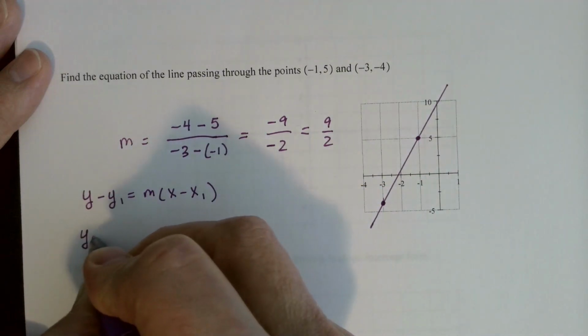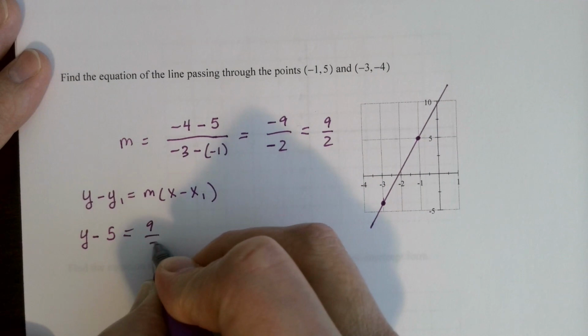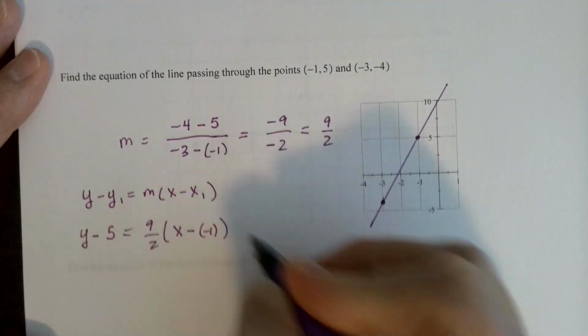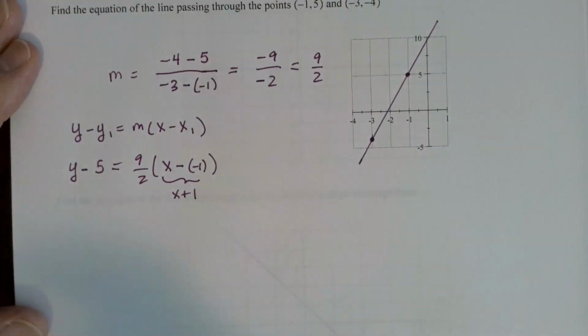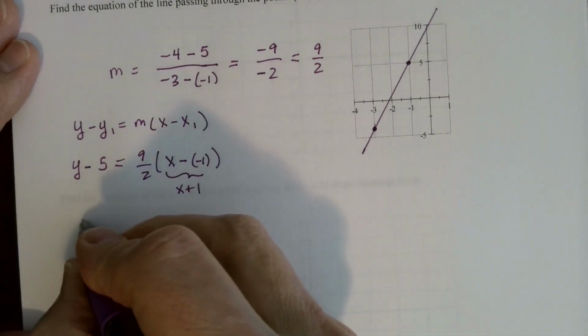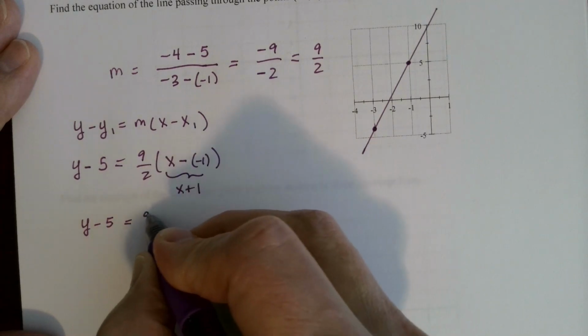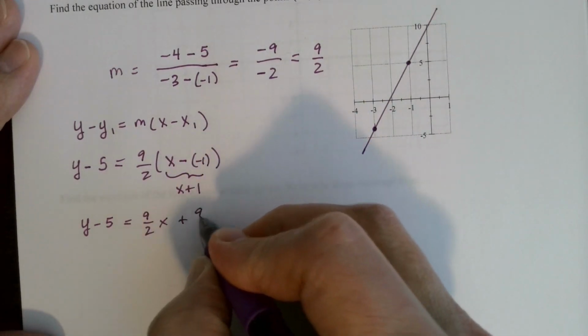So I've got y minus y1, which is 5, equals m, which is 9/2, x minus x1, which is -1. Of course, this becomes x plus 1, right? And then I could solve for y like I did before. Let's do that. Distribute the 9/2. 9/2 times x is 9/2 x, and 9/2 times 1 is 9/2.